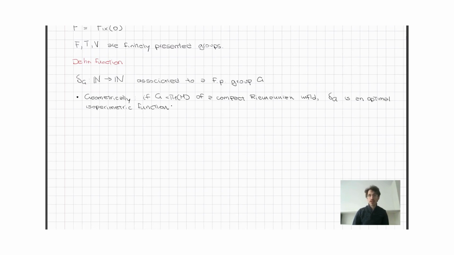It's an upper bound for the area of a minimal filling disk, where the area is, of course, with respect to the Riemannian metric.